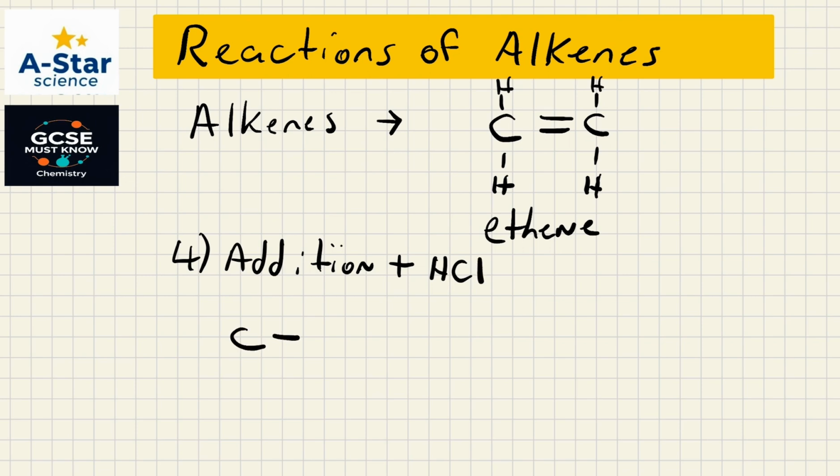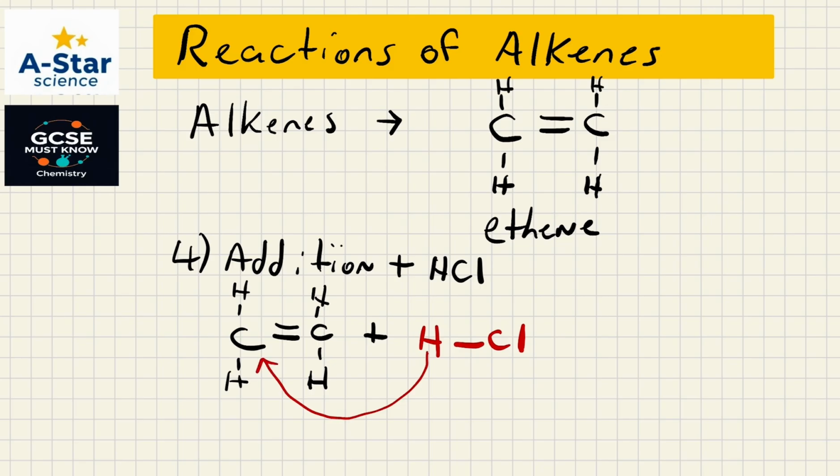I'm going to use, again, ethene as an example. Each carbon can only bond to 4 other things. And I'm going to add the hydrochloric acid. Same process, each atom adds across the double bond.